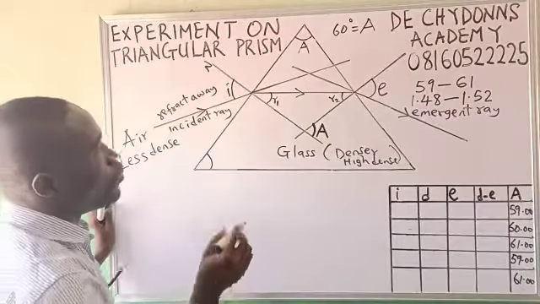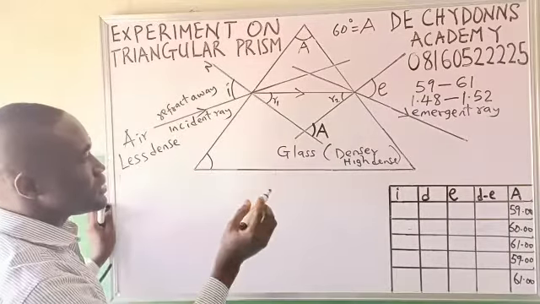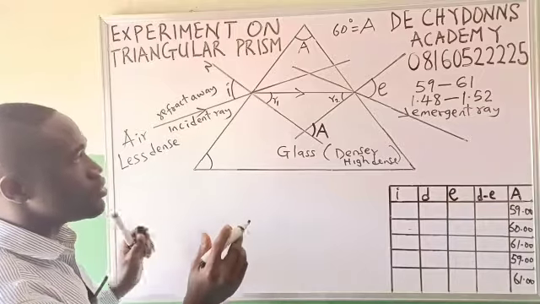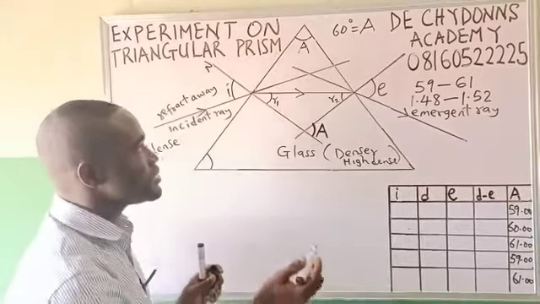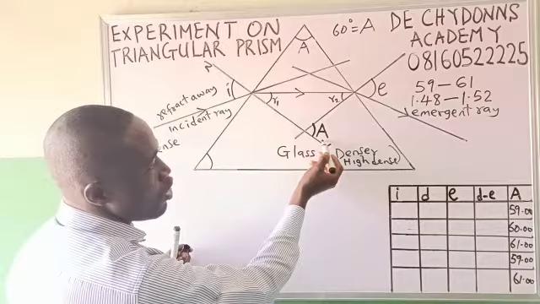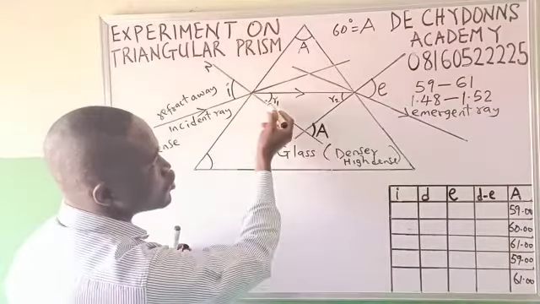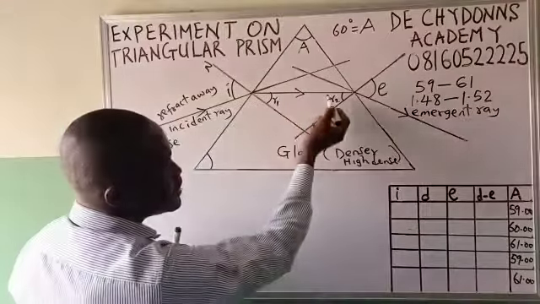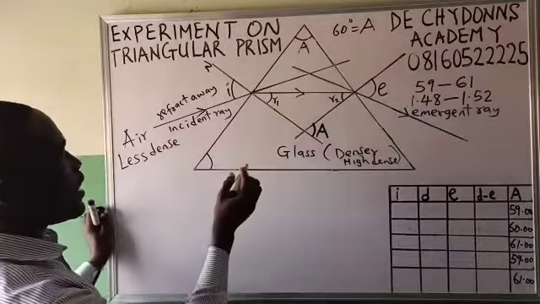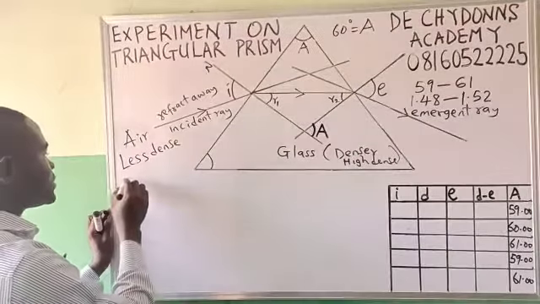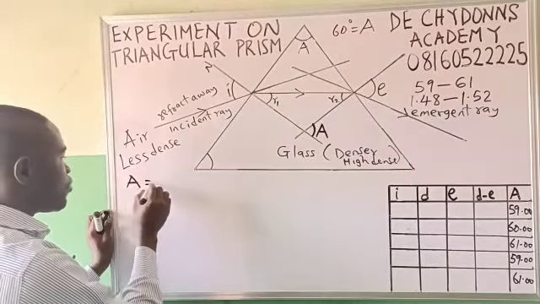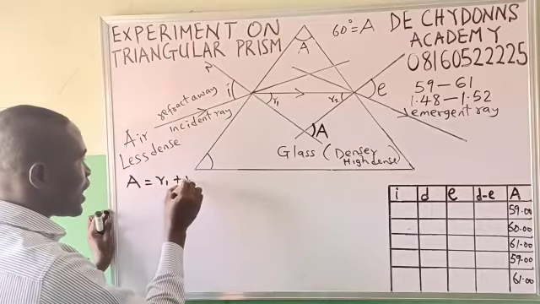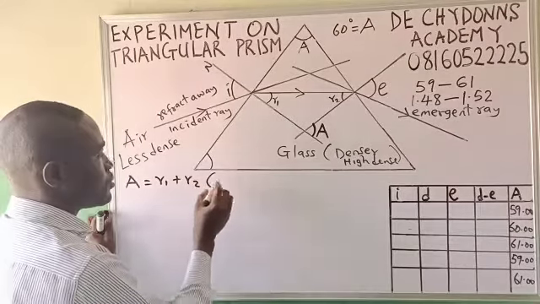Then remember that there is a law of angles that says an exterior angle of a triangle is equal to the sum of the two opposite interior angles. So here we will say that A is equal to R1 plus R2. Why?